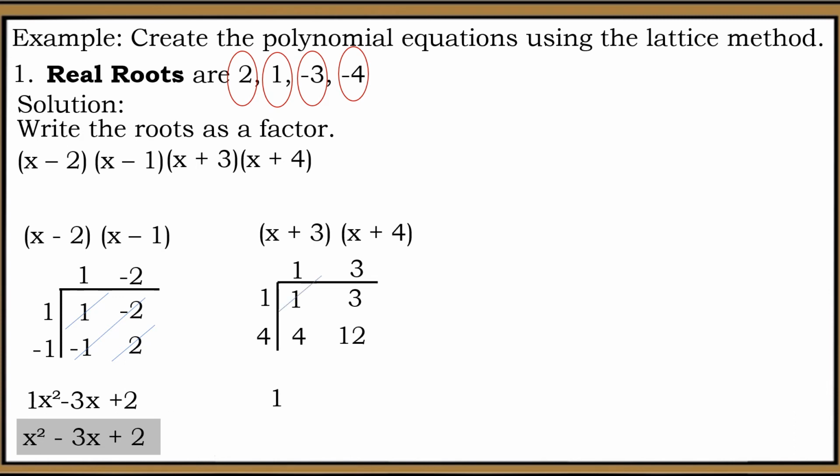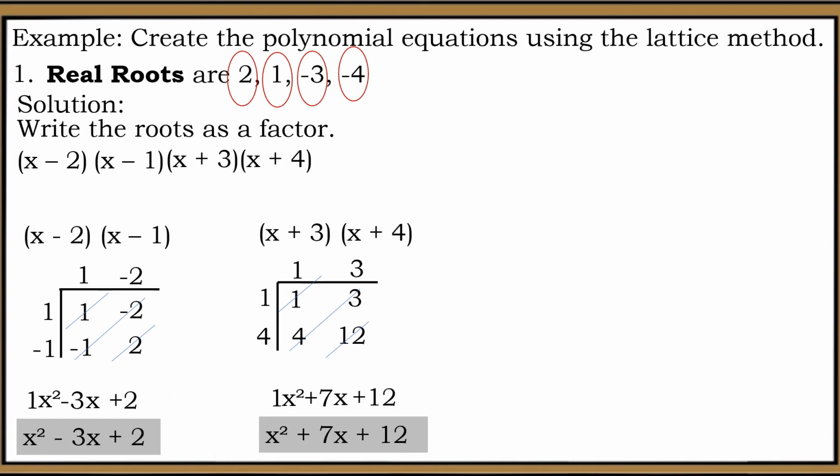Then add diagonally. 1, sulat nyo yung 1. Combine 4 and 3, we have +7. Then +12. +12 is the constant term. +7 is the numerical coefficient of x, and 1 is the numerical coefficient of x squared. So, the product of x plus 3 times x plus 4 is x squared plus 7x plus 12.